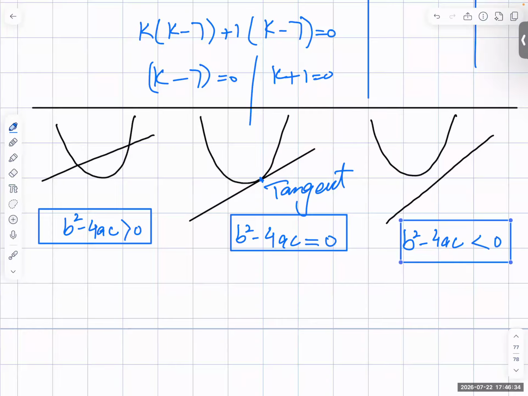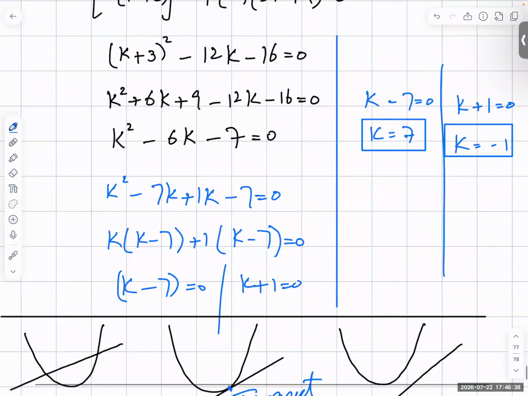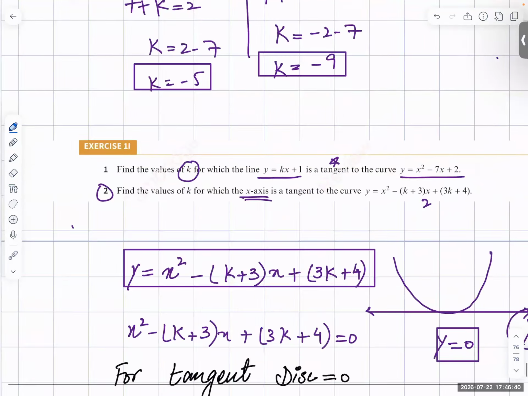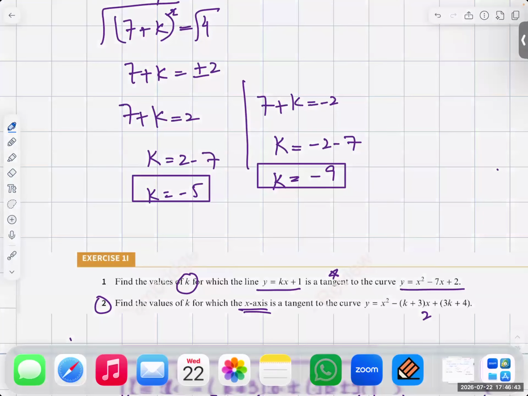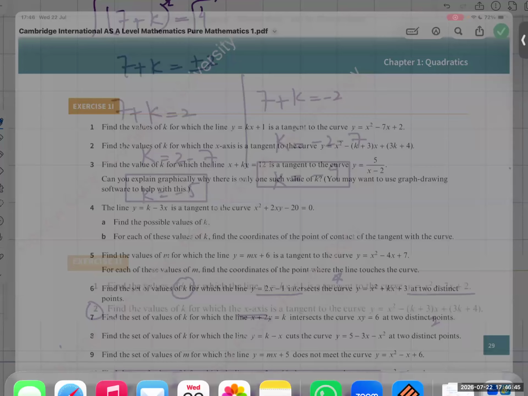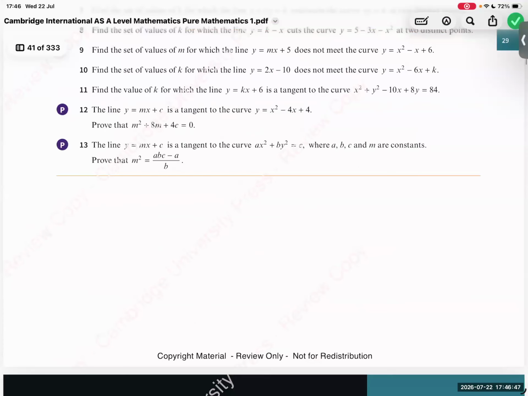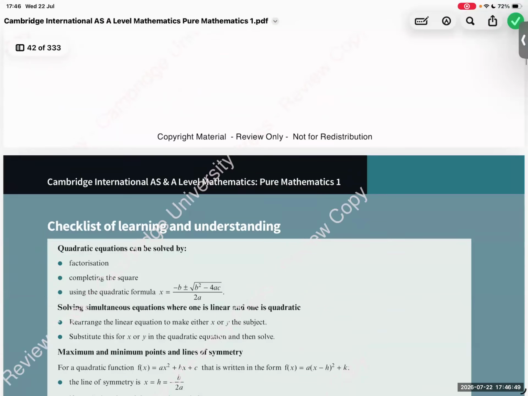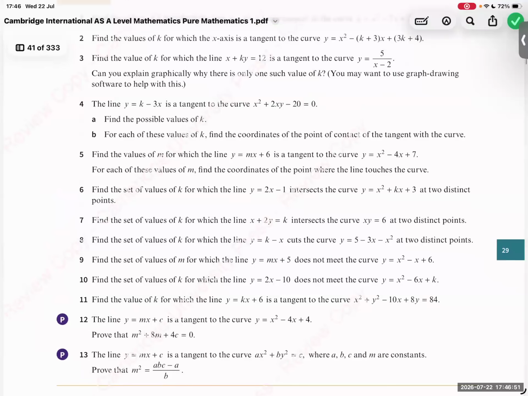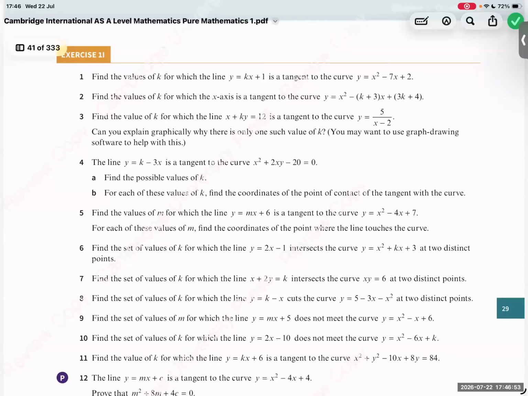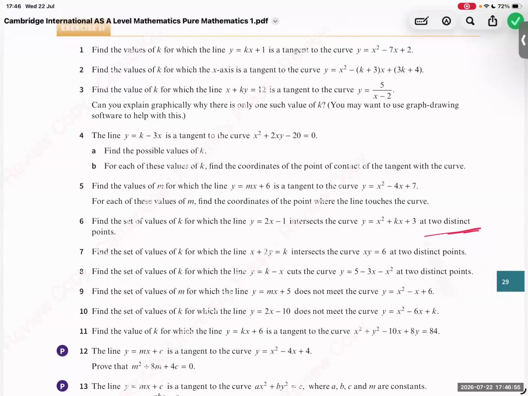Ahmed, is it clear, beta? Yes. Okay. So this is it. This is exercise 1L, I guess, and that's the last exercise. You could solve first 6 questions for today. Okay. 1, 2, 3, 4, 5, 6.